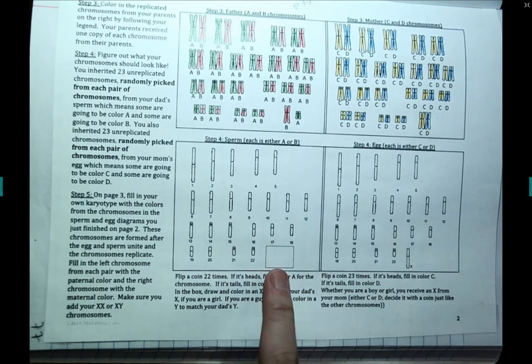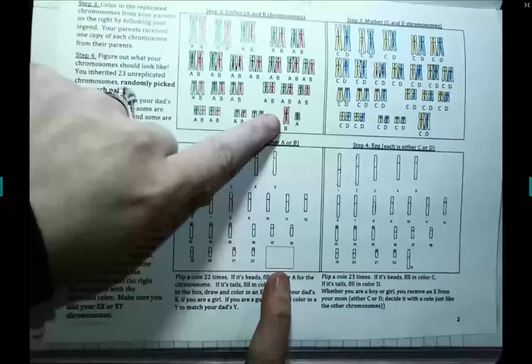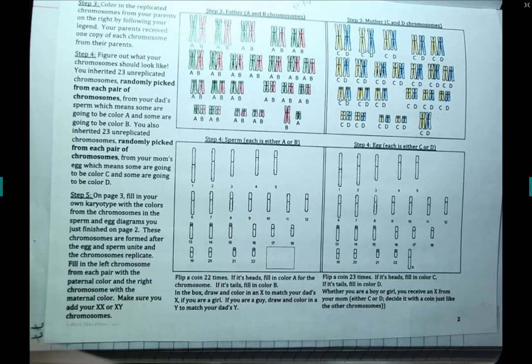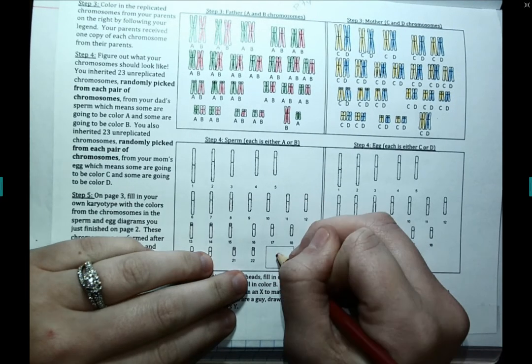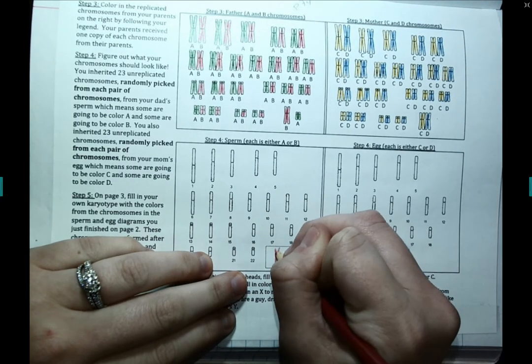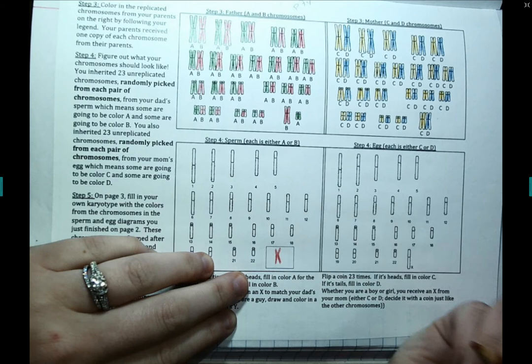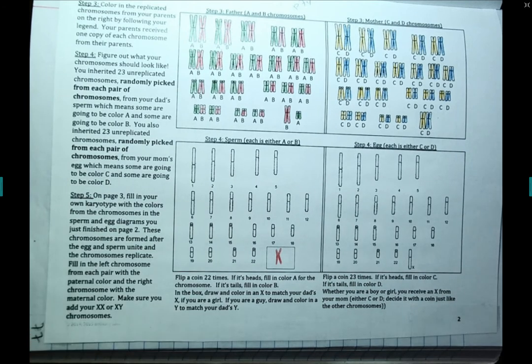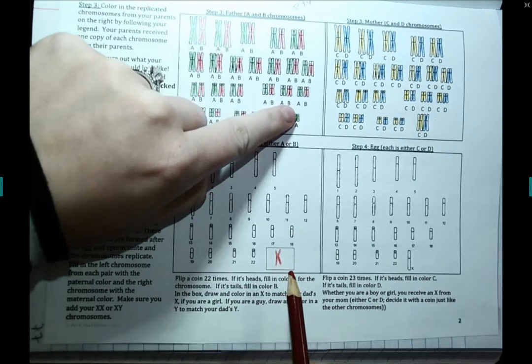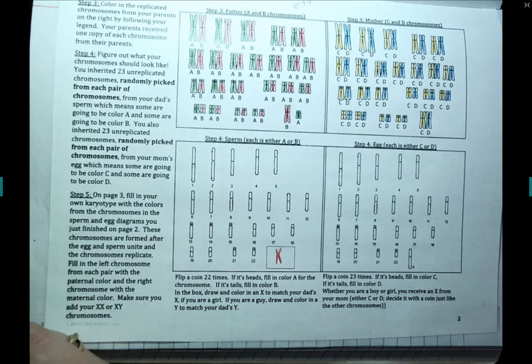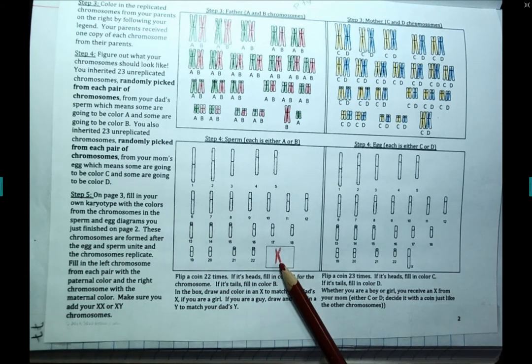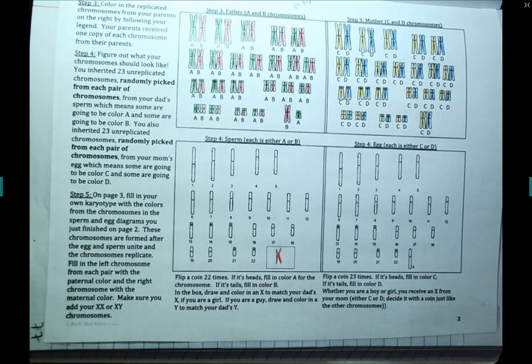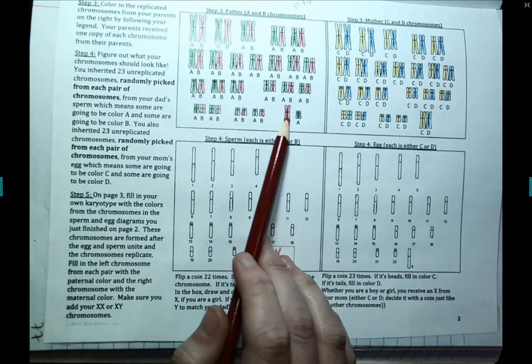So my father, because I am a female, he had to give me that X chromosome. So I'm basically just going to draw, right, a red X. But if I was a male, then I would have colored in a green Y chromosome. But I am not. I am female. So I colored in a red X, okay, or the red chromosome.